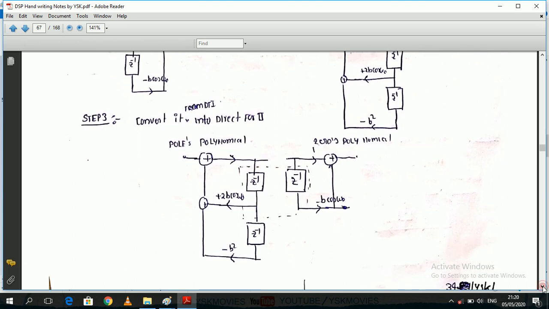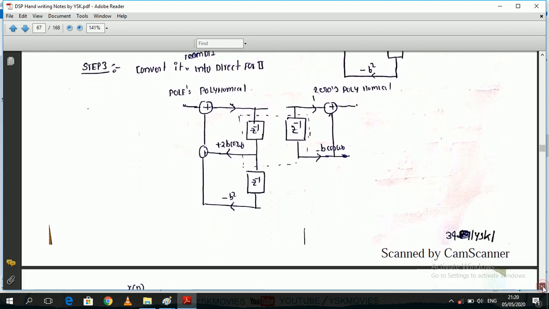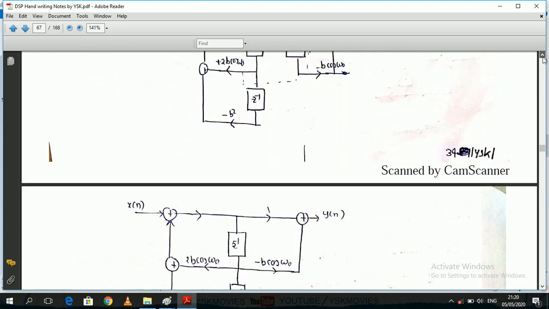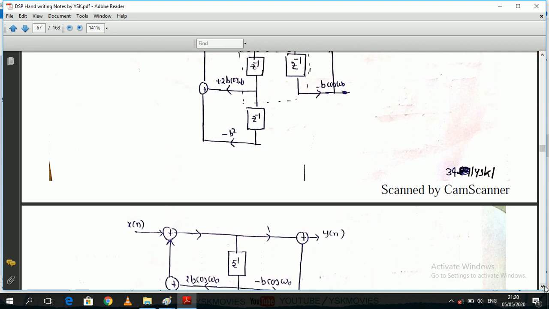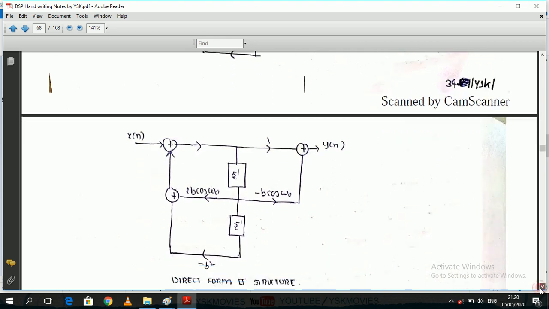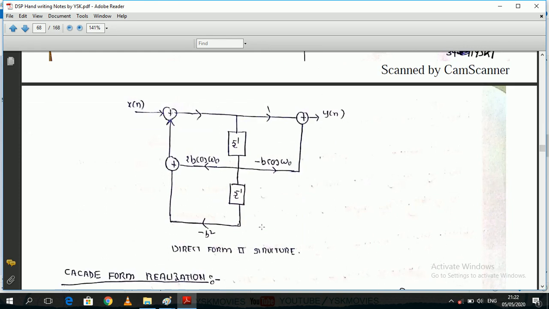So that is the reason: instead of using two integrators, we combine them as one integrator. Instead of using two z inverses, we are using only one integrator. That is the reason for the separation. This is called direct form 2.